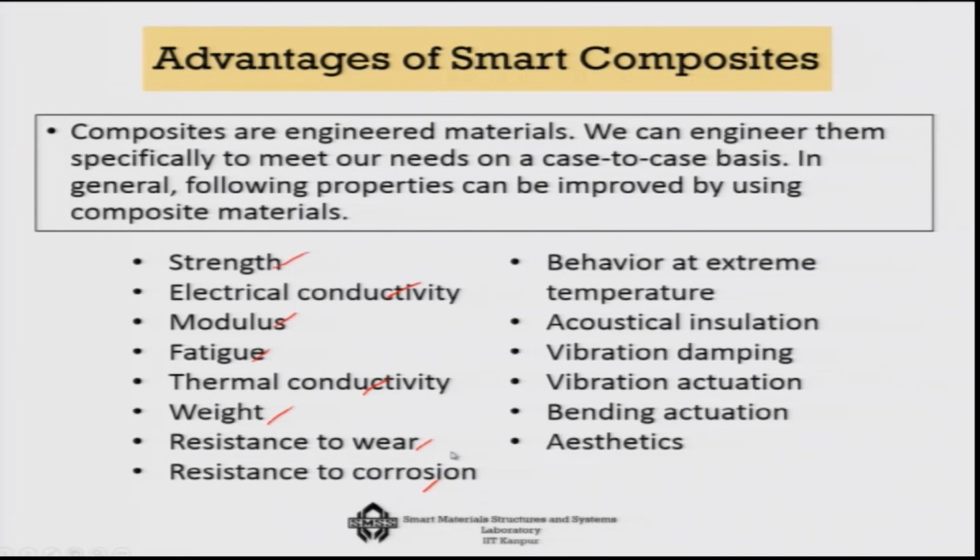These are some of the things which particularly come from passive materials as reinforcements that you put, behavior at extreme temperature, acoustical insulation, vibration damping or vibration actuation. I have shown you using MFC how you are doing it, bending actuation same, and sometimes the aesthetics also, particularly the electroactive polymers, EAPs. They are these days used for many such aesthetic applications.